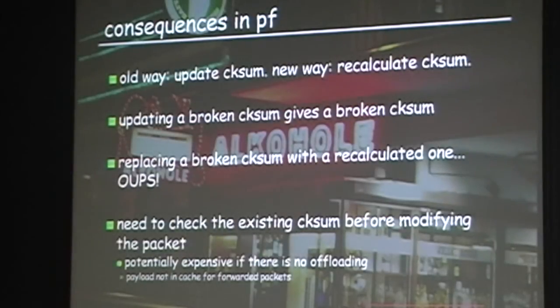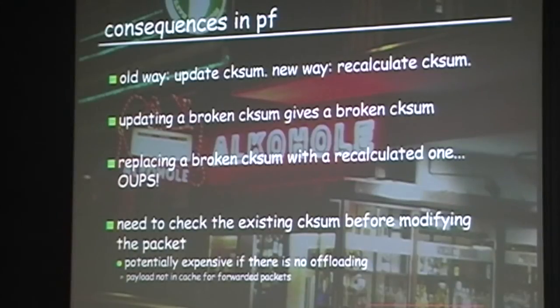So, consequences in PF. The old way of handling the checksums was to update it incrementally, right? The new way is, I don't care, I did a change to a packet, set a flag, it has to be recalculated. If the packet already comes in with a broken checksum, and we update it for the changes we do, the checksum is still broken. So that's good.